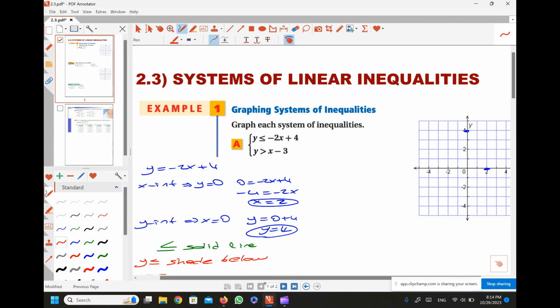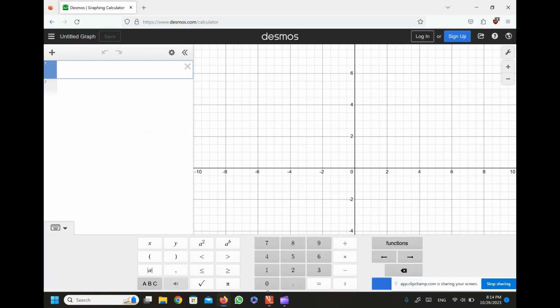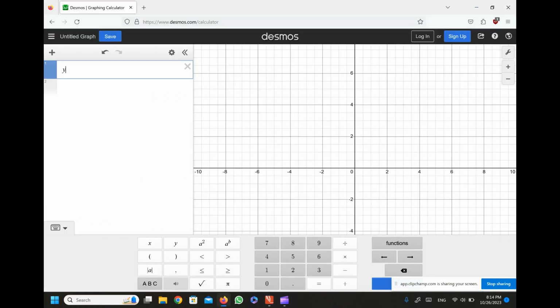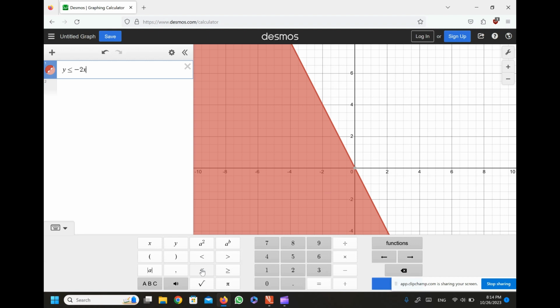So I'm going to use a graphic tool here. Let's write y is less than or equal to negative 2x plus 4. So here is our inequality.